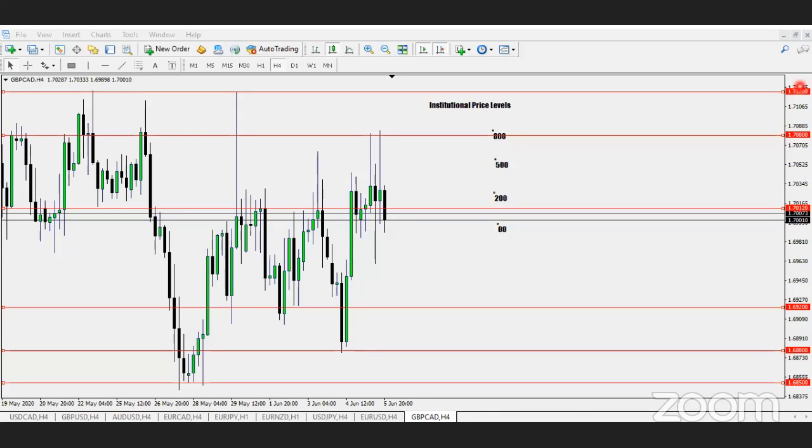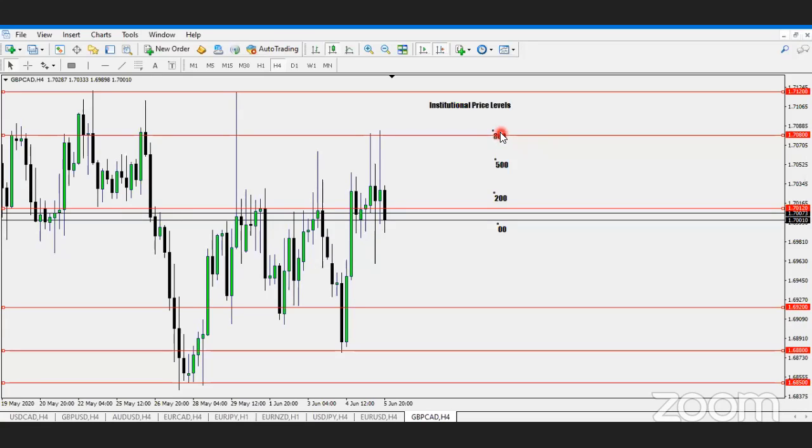On the right-hand side, on any pair, is price. Price is important to us because everything we do, we transact in prices. Pips is just price. That is why these institutional levels are so important, and anyone can add them to their chart just to see how price interacts.